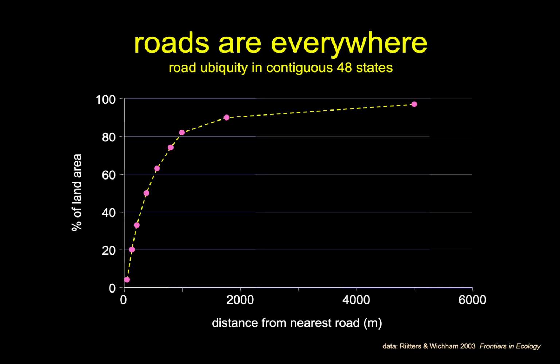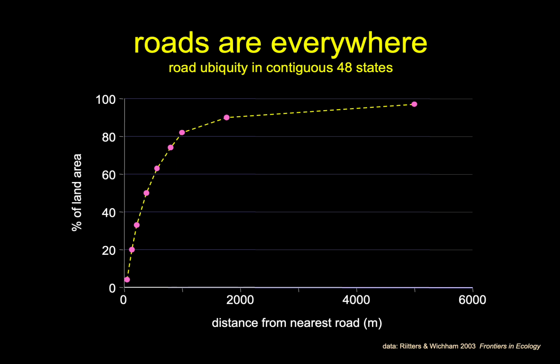What's this? Percentage. So what this is saying, if we pick 1,000, like all the land in the lower 48 states that is within 1,000 meters, a kilometer or less, of a road, that is, as of 2003, about 80-something percent.